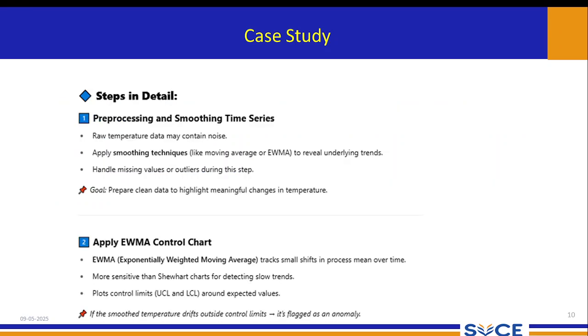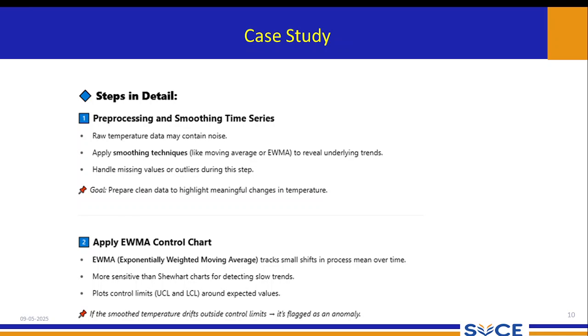So, what are the steps? Pre-processing and smoothing time series. Raw temperature data may contain noise, so we need to make sure there won't be any fluctuation. In the last class, when we talked about time series analysis, we also talked about the sensors which help you determine the values. If there may be chances of fluctuations in the values, that needs to be taken care of.